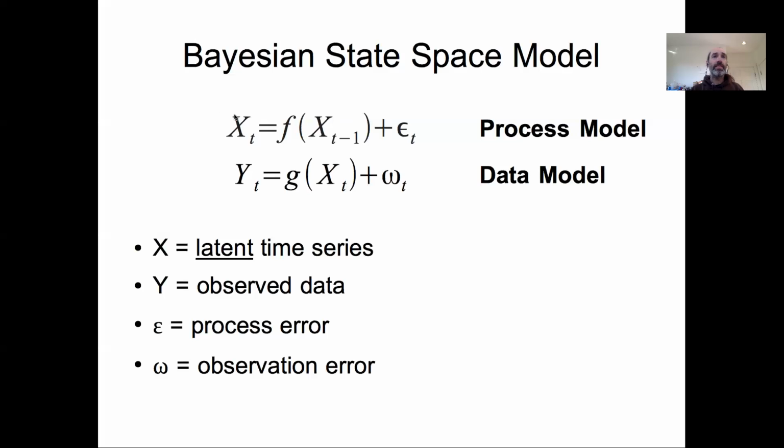So this X of t is now never observed, it's a latent variable. This X of t minus 1 is never actually observed, it's a latent variable. And so we have this dynamic model. Our process model actually describes the evolution of latent variables through time. We'll see that gives us a lot of strength because the process model connects the X's through time to actually be able to estimate each of those latent variables.